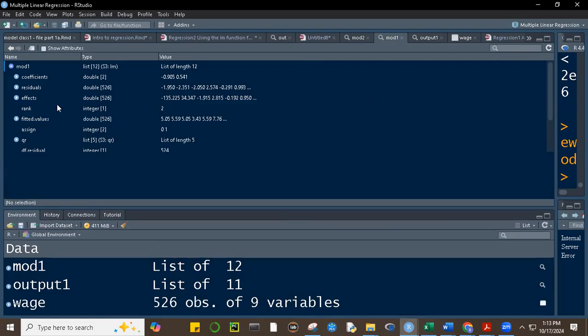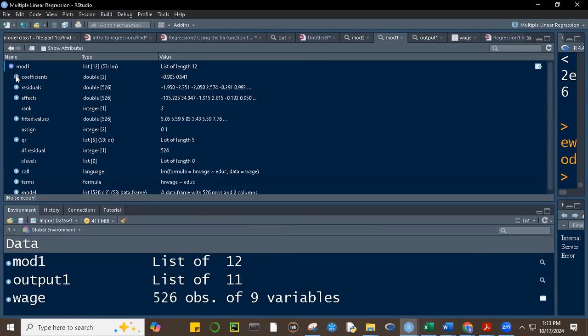You can see here what's inside mod 1. This is a list of 12. So what's inside it? Coefficients, residuals, effects, etc. For your coefficients, we have negative 0.905 and 0.541, rounded off to 3 decimal places.